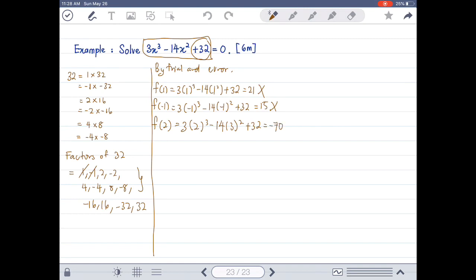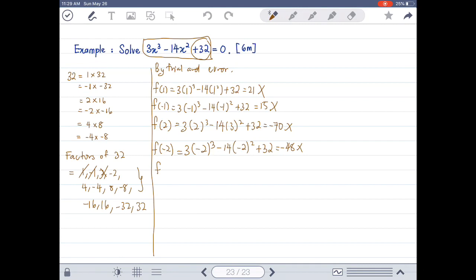So this is also not the answer. We should try f(-2). So 3 times negative 2 to the power of 3 minus 14 times negative 2 squared plus 32. Negative 48, also not the answer.